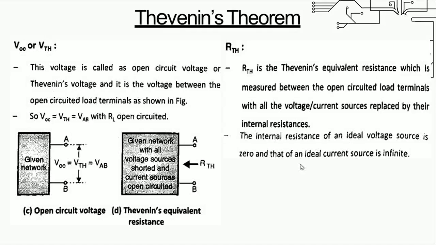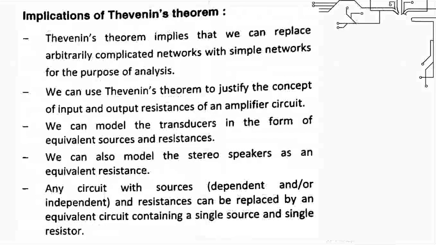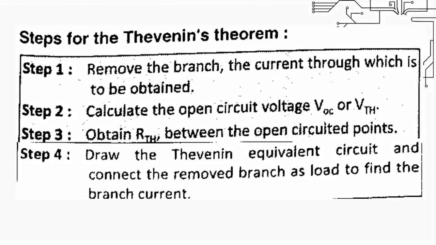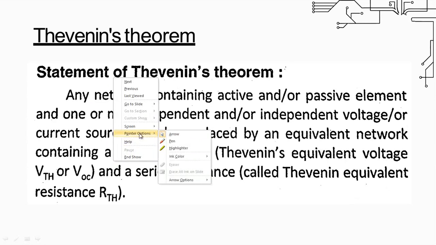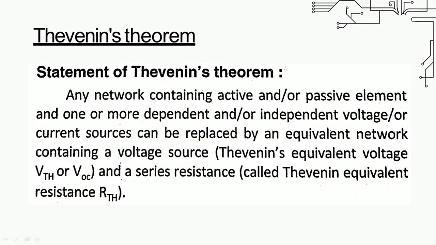A similar concept will be applied in Norton's theorem. In Thevenin's theorem, the active or passive network was replaced by an equivalent network containing a voltage source and series resistance.